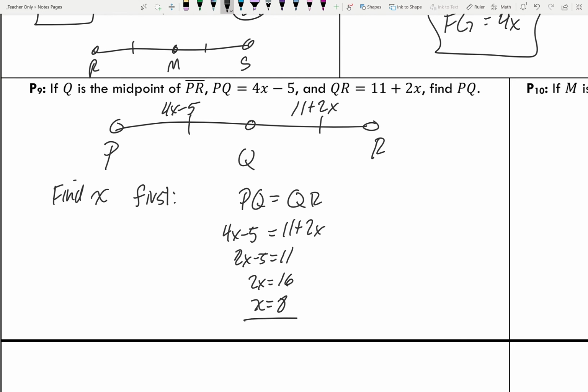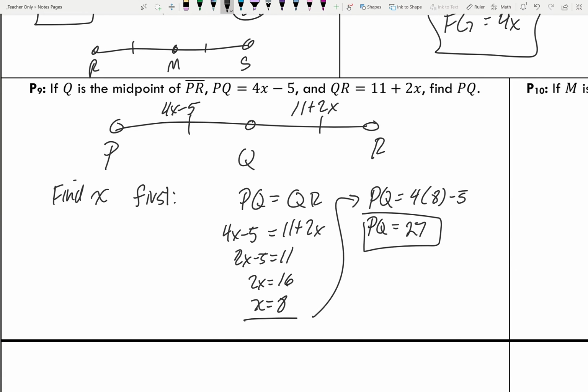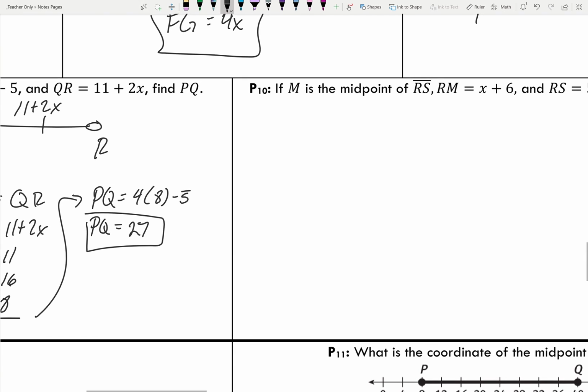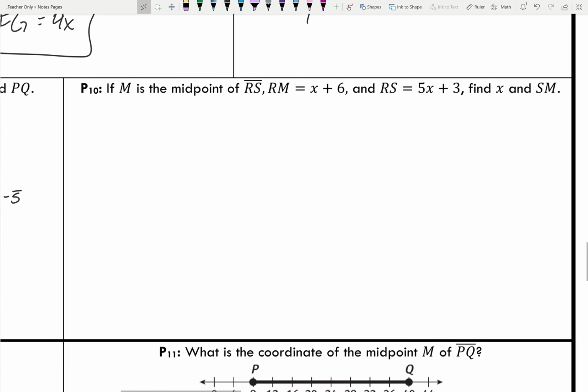Alright, I have my x now. What I want to do is find PQ. Plug into PQ. PQ is equal to 4 times x, which is 8, minus 5. So 32 minus 5 gives me 27. That's our answer.